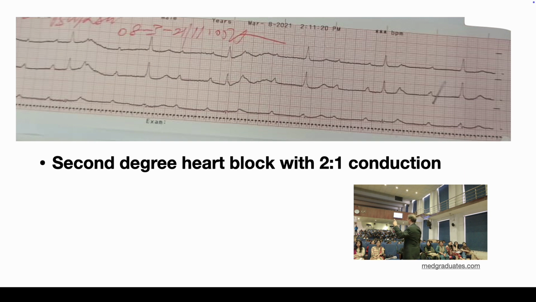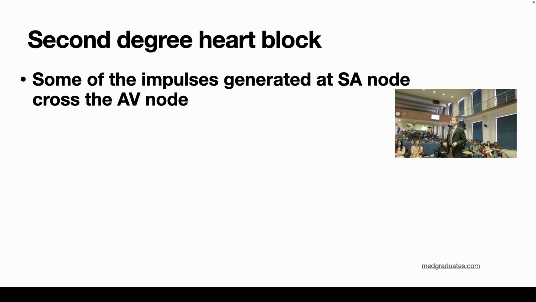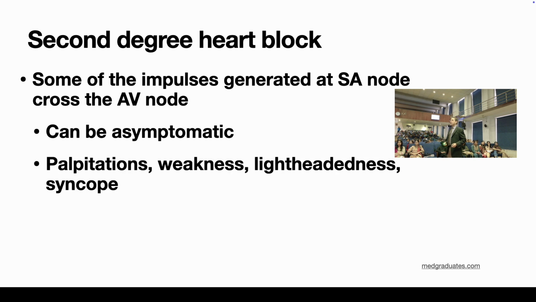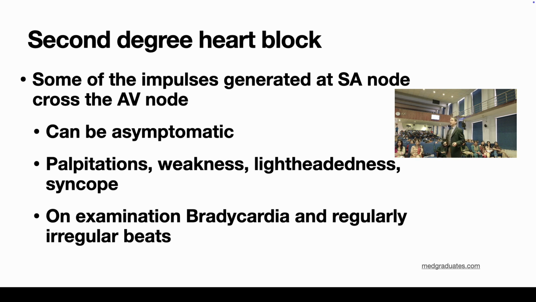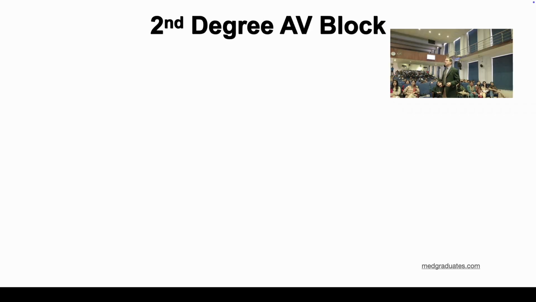Patient can be asymptomatic or symptomatic, there can be palpitations, weakness, lightheadedness, syncope. If the block is more severe, for example, 3-1 conduction and the patient also has structural heart disease, the patient can be symptomatic. Patient may have bradycardia, there may be regularly irregular beats.